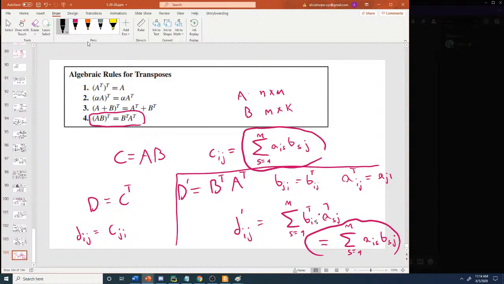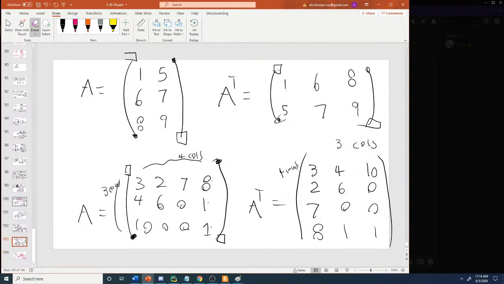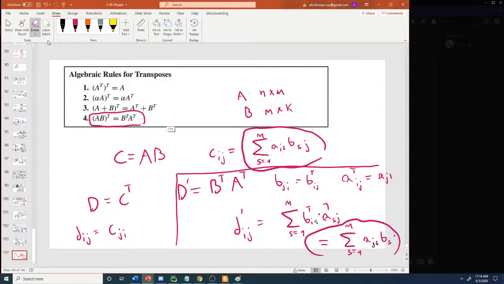This right here should have stayed a J, and this should have stayed an I. So I compute d prime ij to be this, and this is going to be exactly the same thing as cji, but as we've verified over here, the transpose of c, the ijth component of it, is cji.